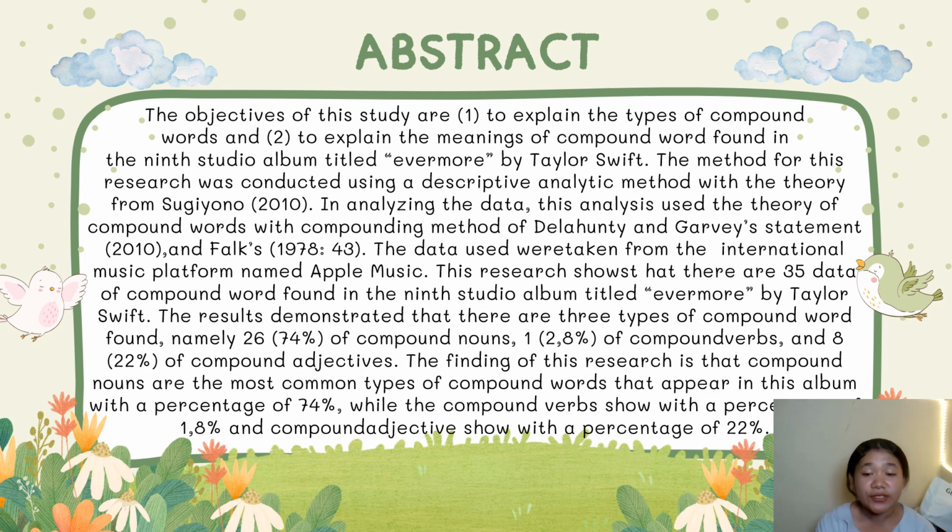The finding is that compound nouns are the most common type of compound words that appear in this album, with a percentage of 74%, while compound verbs show a percentage of 1.8% and compound adjectives show a percentage of 22%.